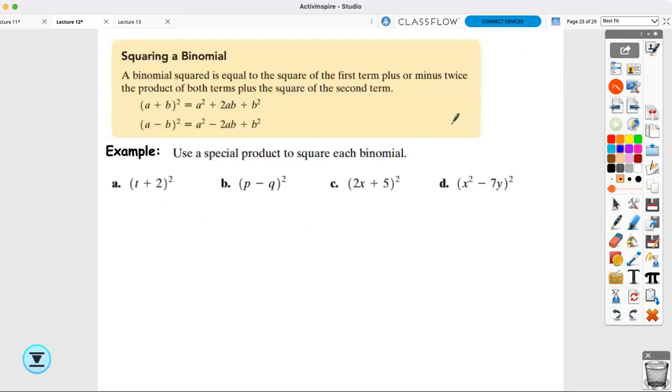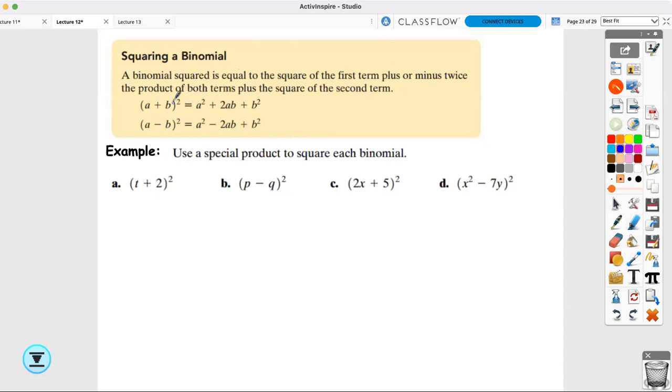So here we're learning about different properties. We're learning about squaring a binomial. We just did it with FOIL, but there's actually a trick to it, a formula really. A binomial squared is equal to the square of the first term plus or minus twice the product of both terms plus the square of the second term.